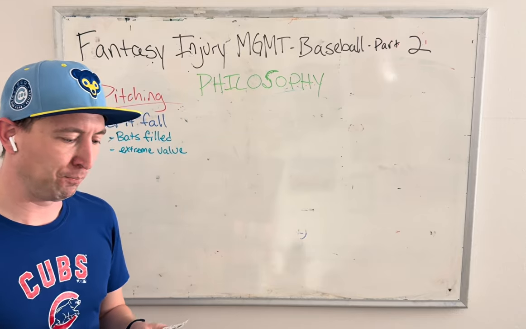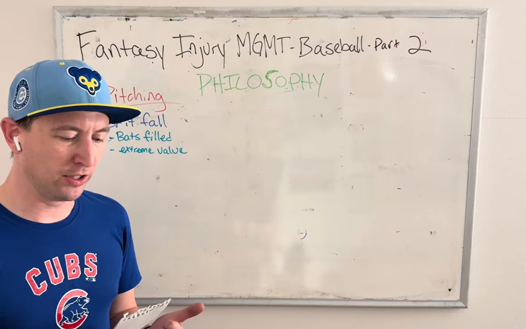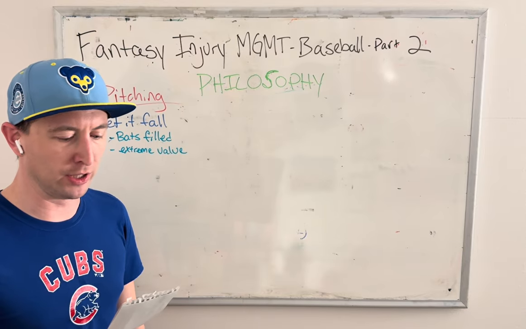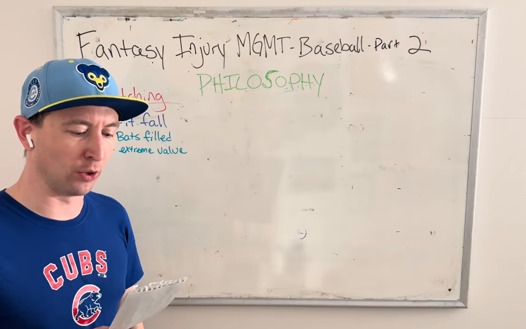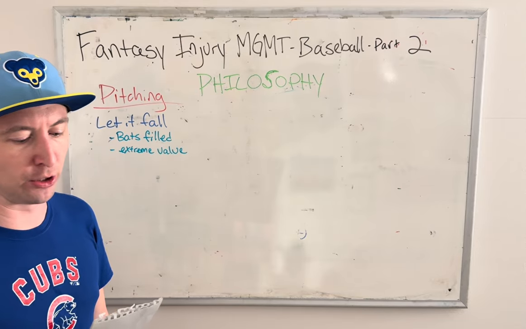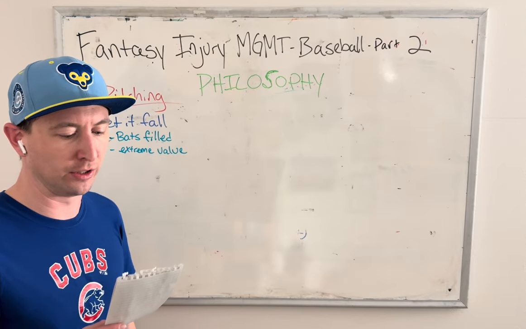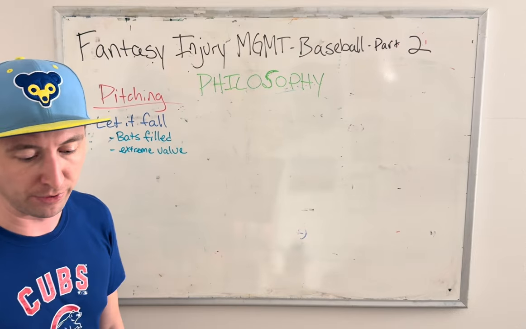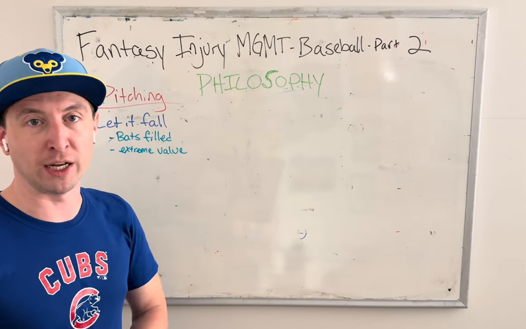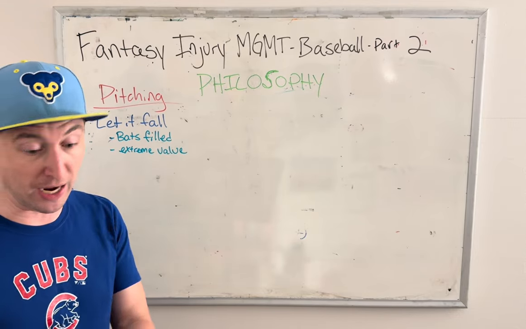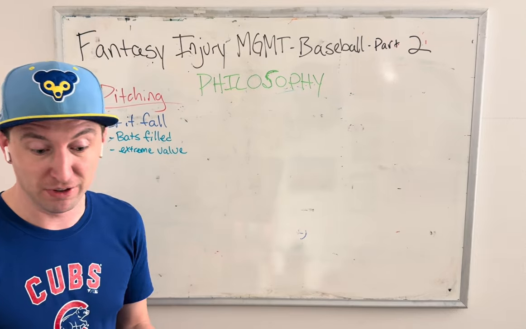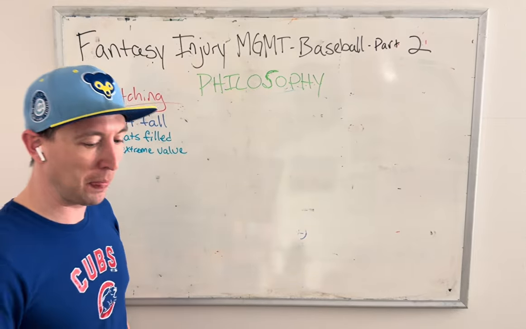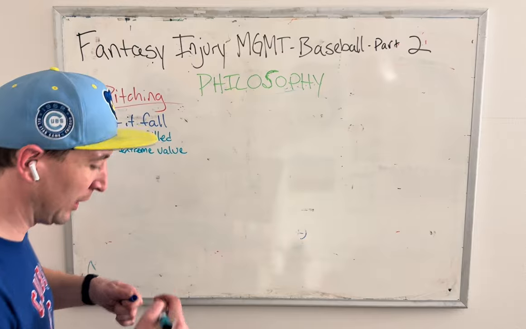But Sandy Alcantara, Robbie Ray, Carlos Rodon, Jack Flaherty, Gerrit Cole, Shane Bieber, Aaron Nola, Zac Gallen, Shane McClanahan, Joe Musgrove, Kodai Senga, Bailey Ober, Sean Manaea, Yusei Kikuchi, Seth Lugo, Justin Steele, Tyler Mahle, Lucas Giolito, Jeffrey Springs, Dustin May, and Spencer Arrighetti at 395, right? These are all pitchers that have previously been taken in the top 10, top 5, top 30, top 50, and we're all the way down to pick 395, right? So here's basically what we're doing.